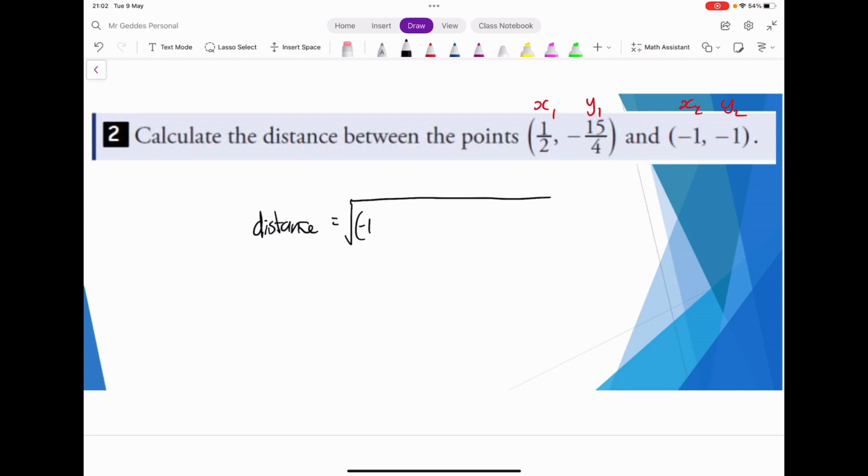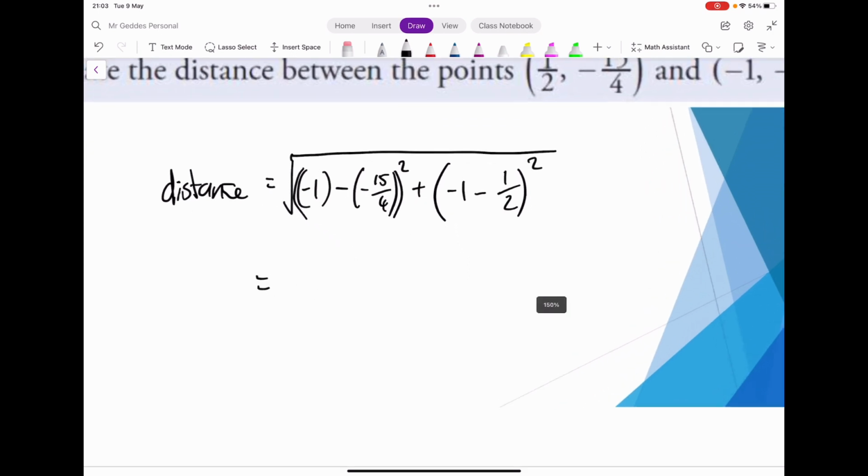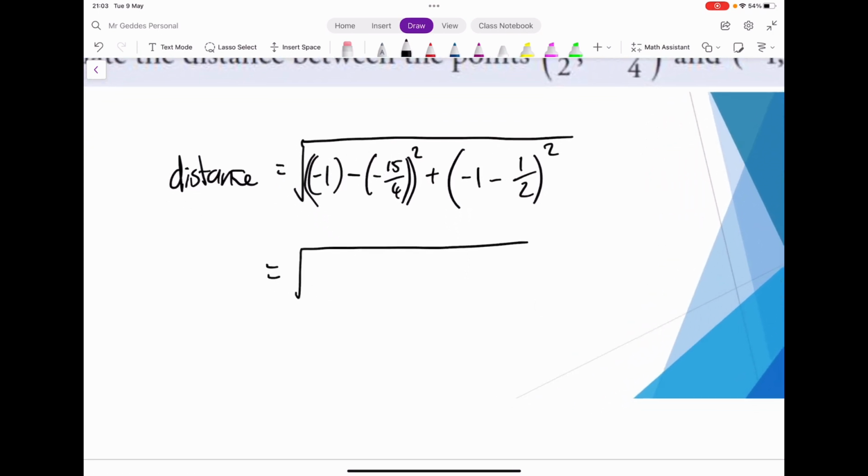We're going to do negative 1 take away, that's y2 minus y1, so that's going to be negative 15 over 4 squared, plus x2, negative 1 squared, nope, sorry, that's just a negative 1. And we're going to take away a half, and we'll square the result. So I think I missed the bracket there at the front. So zoom in a wee bit just so we can get this done properly.